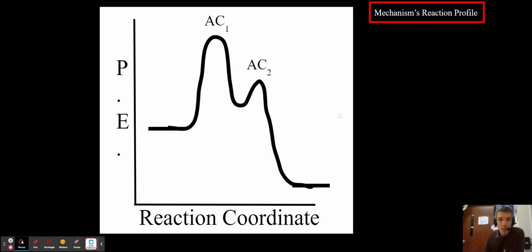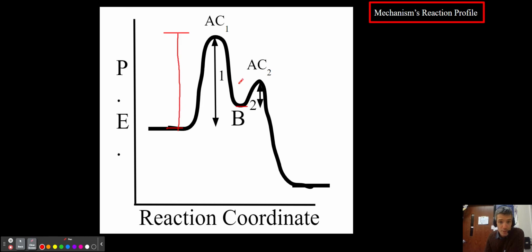I want you to mark these peaks, mark this valley, and mark these heights. It's basically how big of a hill you have to climb. These heights are going to be really important, especially for a mechanism.